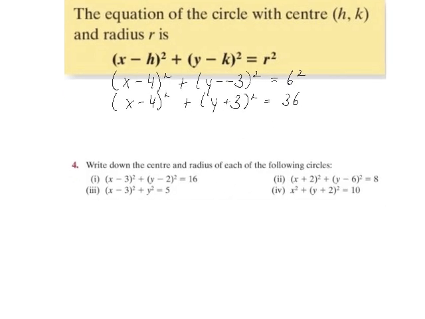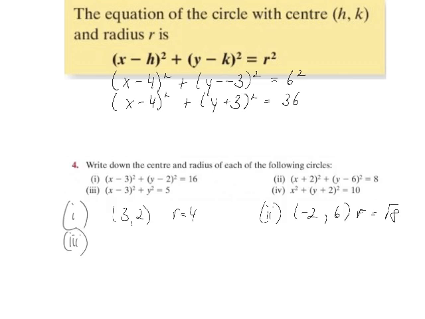Okay, so here are another few examples. For i, we would have the center is at 3, 2, and the radius is 4. For ii, the center is at -2, 6, and the radius is √8. For iii, here the center is at 3, and now it's just y squared, so that is essentially saying minus 0, yeah?